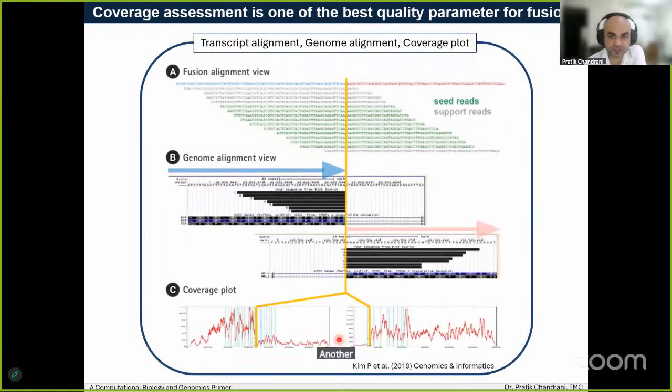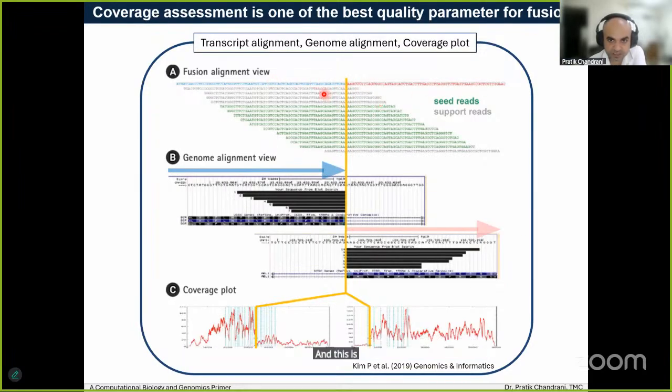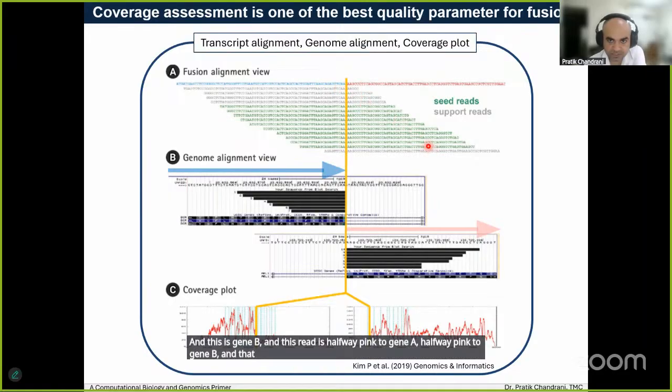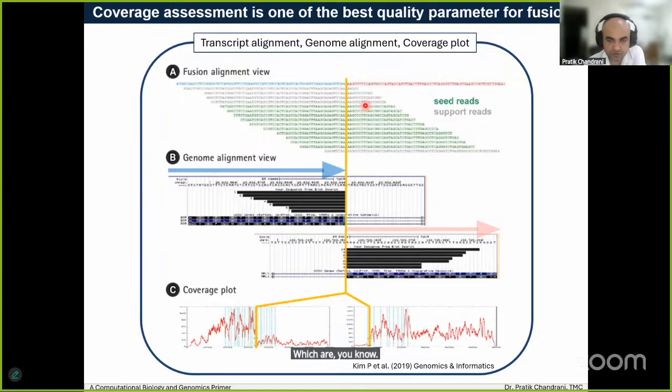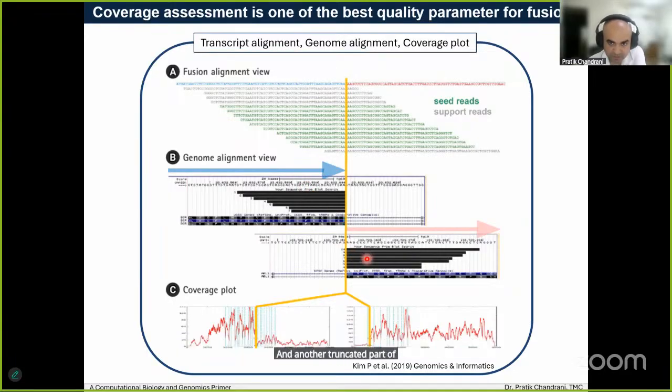Another key parameter that we use in gene fusion is read coverage, similar to DNA sequencing. So here you get to see that a fusion read is aligned. This is read 1, gene A, and this is gene B. And this read is half mapping to gene A, half mapping to gene B. There are several different reads which are half mapping to both sides of the gene. In a typical genome alignment view, you get to see that these reads are truncated. They are half mapping to this location one, and another truncated part of the read is mapping to a distant location in the genome.